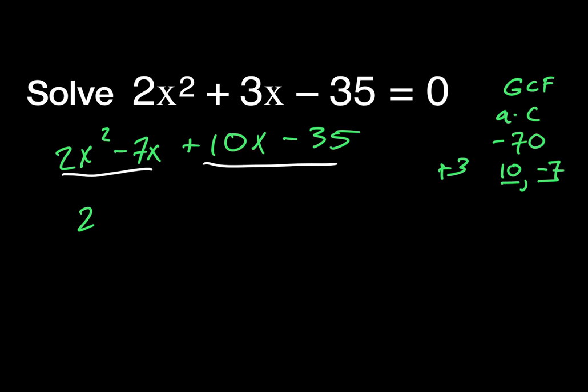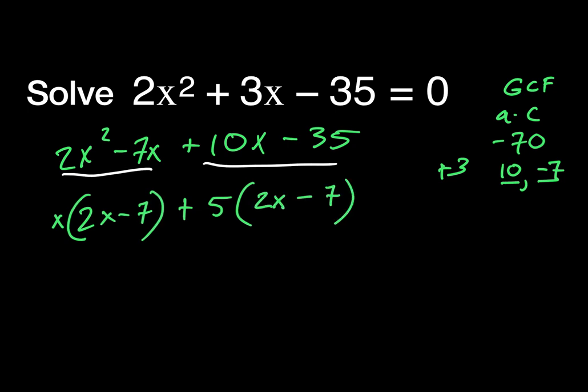I will have x times 2x minus 7 plus common factor here, 5. 10, that's 2x minus 7.